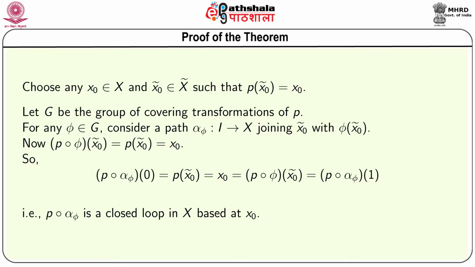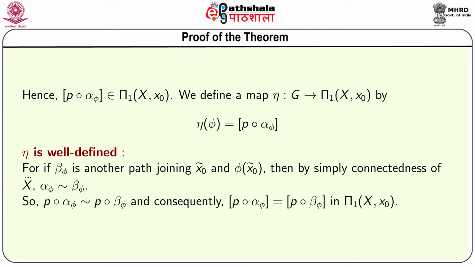That is, P composed alpha phi is a closed loop in X based at x0. Since it is a closed loop based at x0, the class of P composed alpha phi will be a member of the fundamental group pi 1 of X, x0. We define a map eta from G to pi 1 of X, x0 by eta of phi is equal to the class of P composed alpha phi.